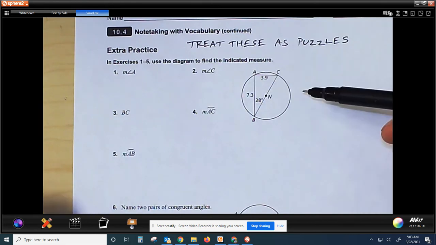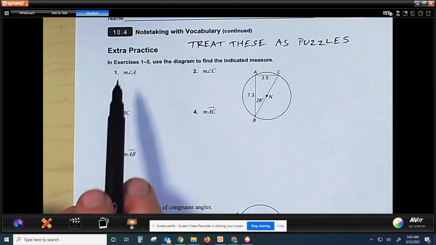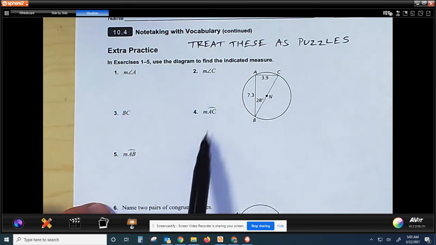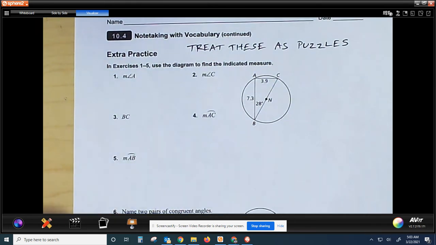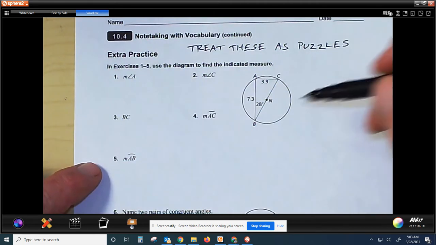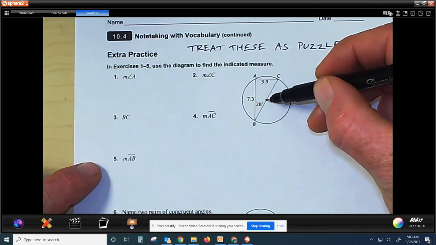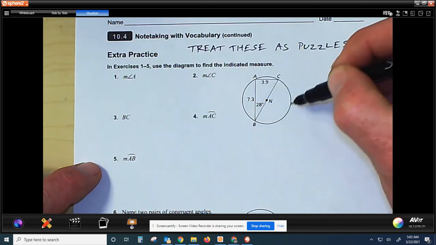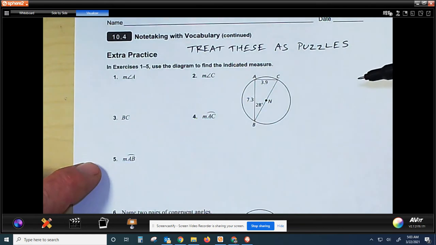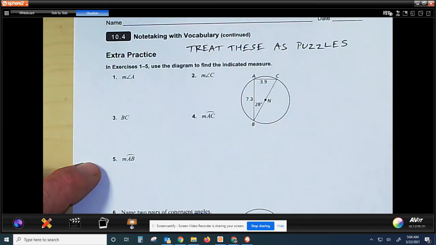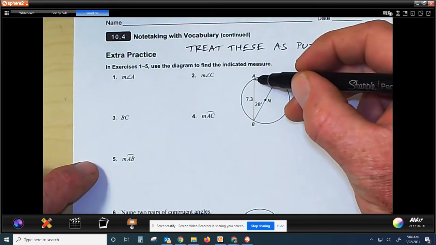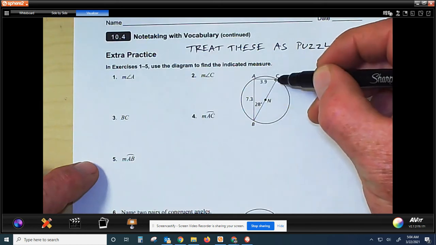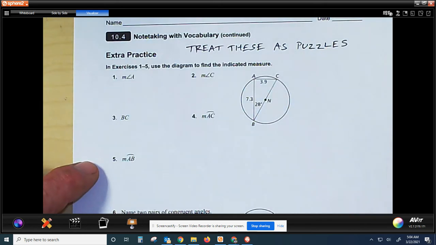So what they've given me here to figure out is a puzzle. I have this image on the right, and I need to figure out the measure of a bunch of items on the left. Okay, so here we go. Let's jump in. It looks like circle N if I was going to label it. I have 3 points on the outside of the circle. This circle is circumscribing a polygon. That polygon has 3 sides, so it's a triangle.